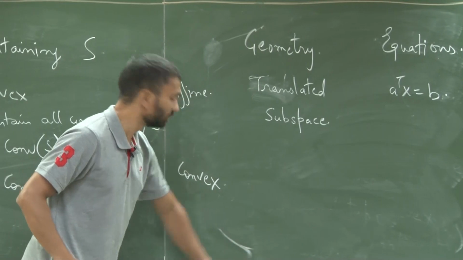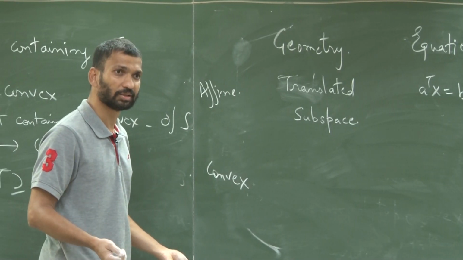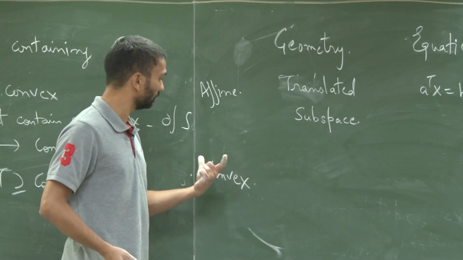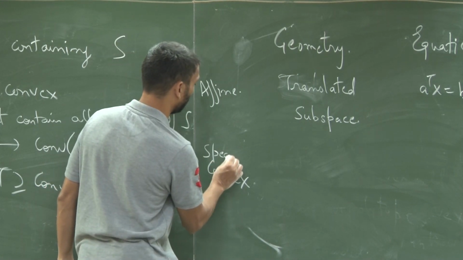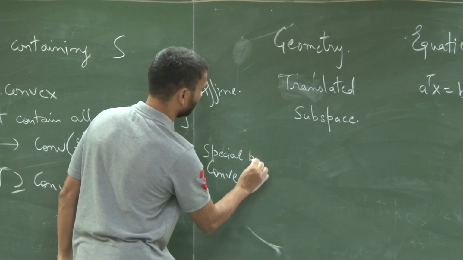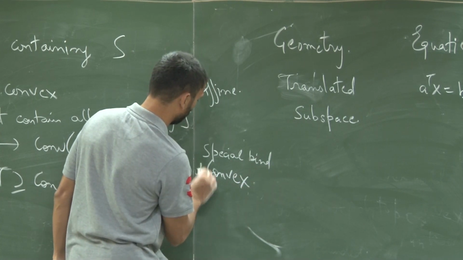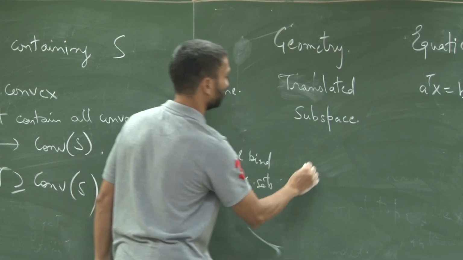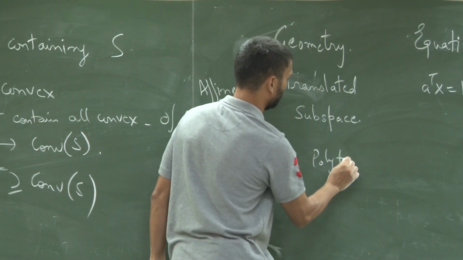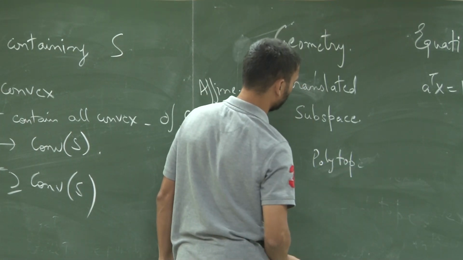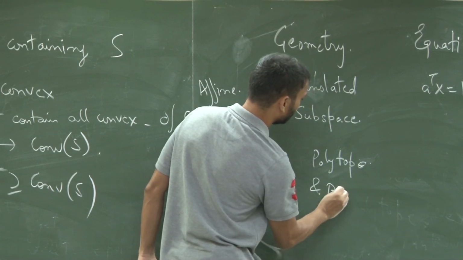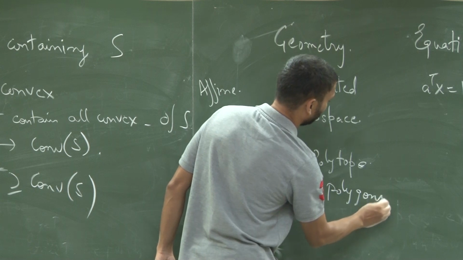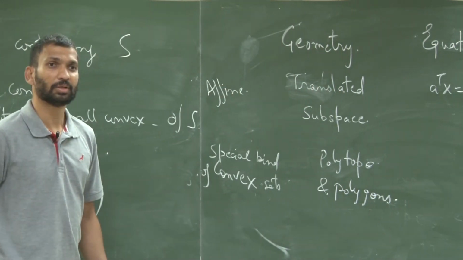Convex sets, again this turned out to be different, right. So, we will only describe a subset of these. Okay. So, a special... what has happened to my spelling skills? Polytope and polygons, right.